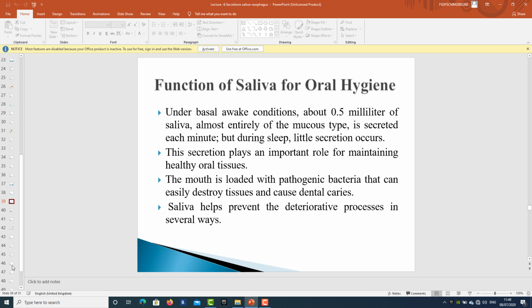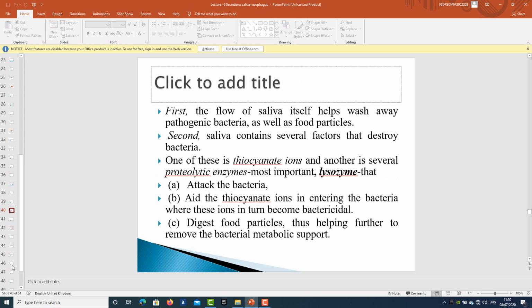The mouth is loaded with pathogenic bacteria that can easily destroy tissues and can even lead to dental caries. And the saliva helps to prevent the deteriorative processes in several ways. First, the flow of saliva itself washes away the pathogenic bacteria as well as food particles.